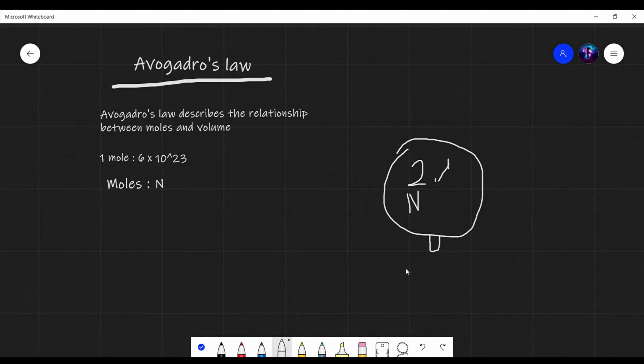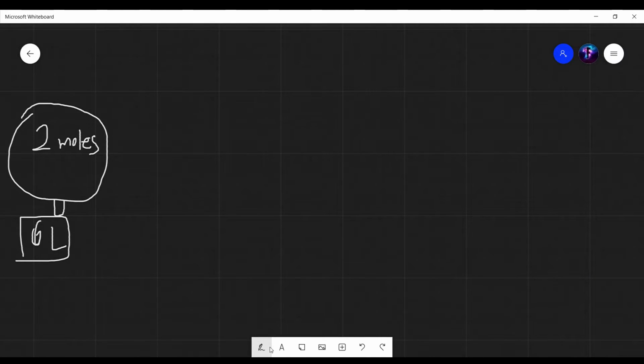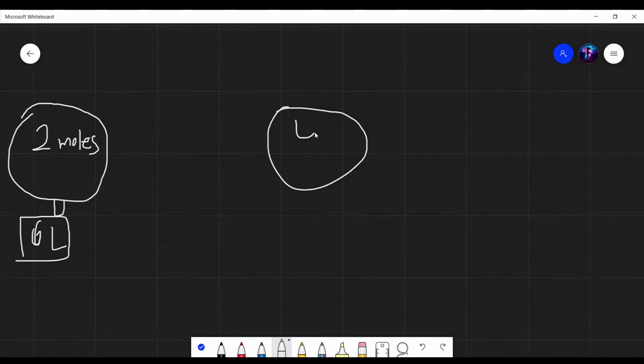And the balloon is, let's just say, 6 liters. 2 moles. And this is 6 liters. What happens if you, let's say, add another 2 moles to the balloon? It's 4 moles now.